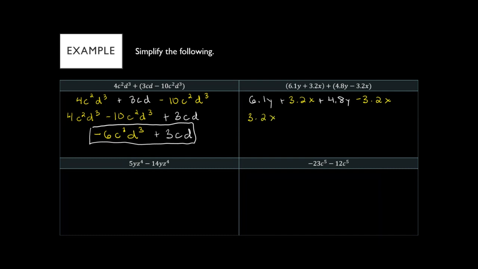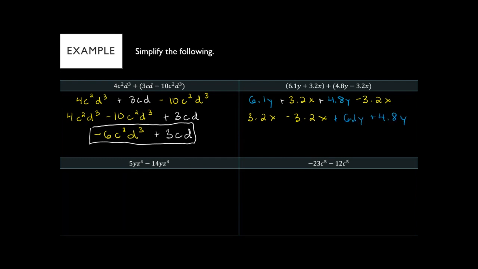So 3.2x minus 3.2x. Then I've got the y. So I'm going to group those together. We've got 6.1y plus 4.8y. So plus 6.1y plus 4.8y.